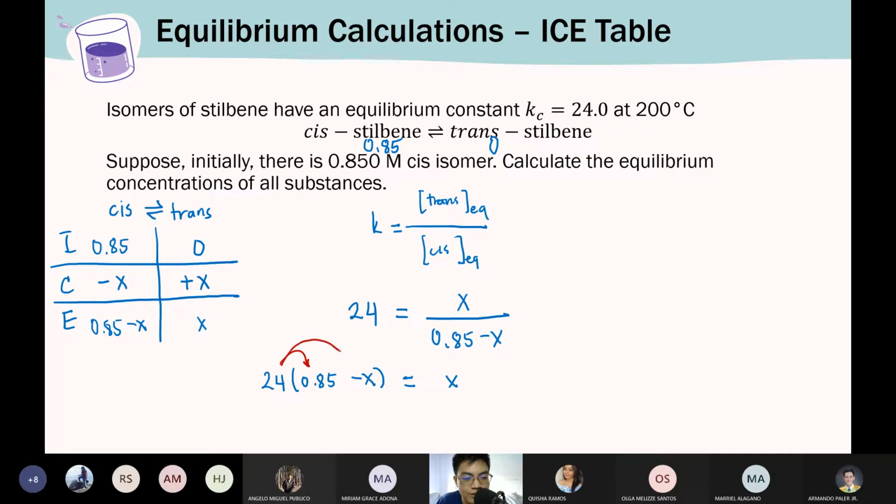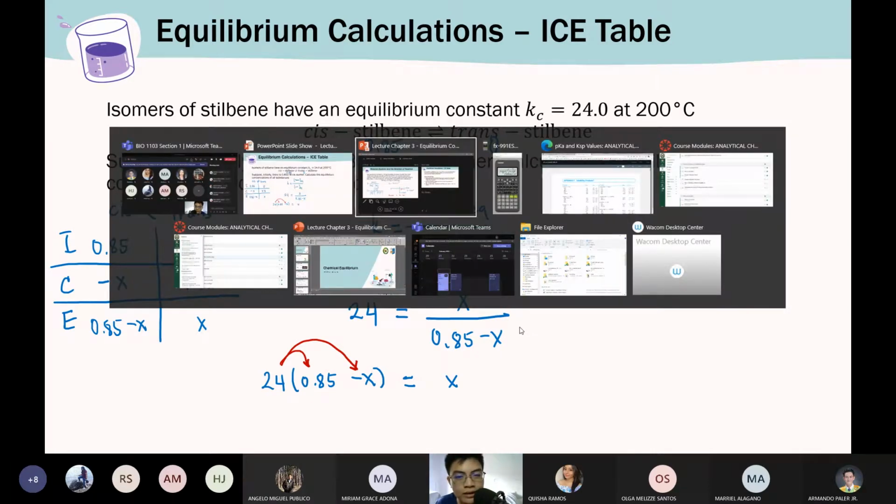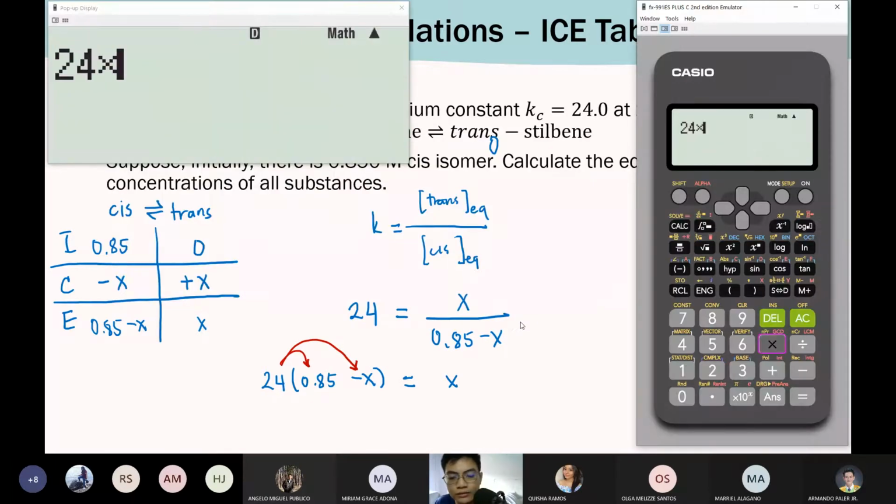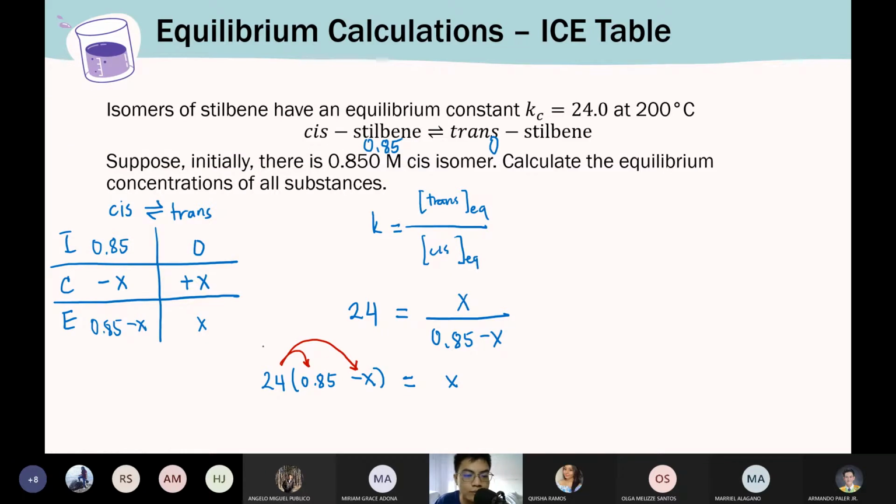You distribute this, long method first. What's 24 times 0.85? 20.4. So it's 20.4 minus 24 times x, 24x.